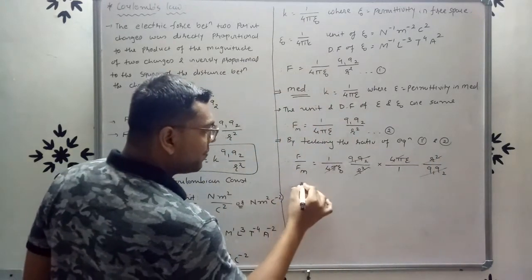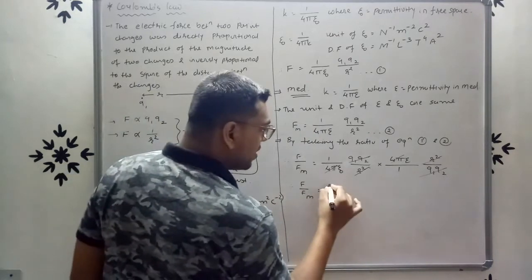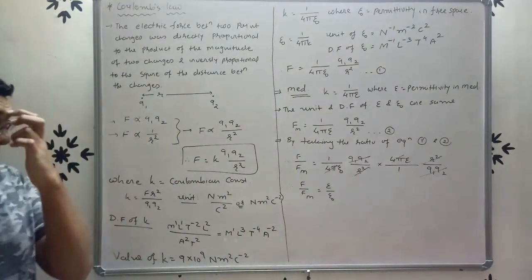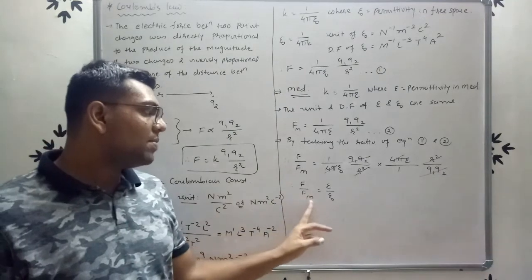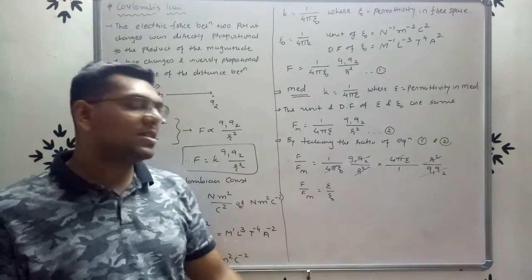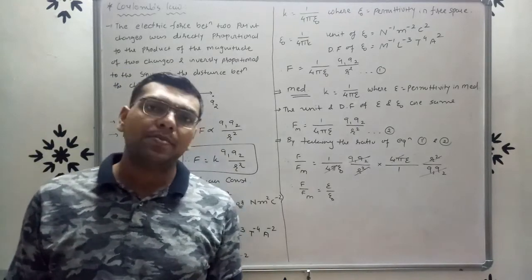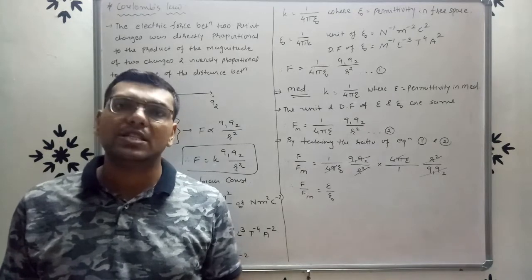So we get F by Fm is equal to epsilon by epsilon 0, where epsilon is permittivity in medium and epsilon 0 is permittivity in free space.